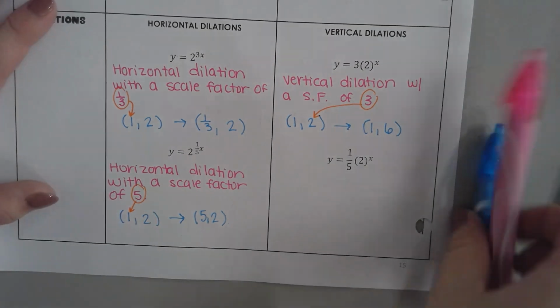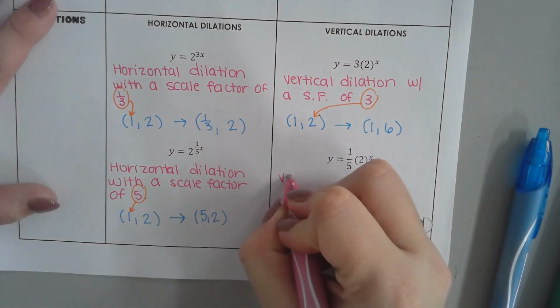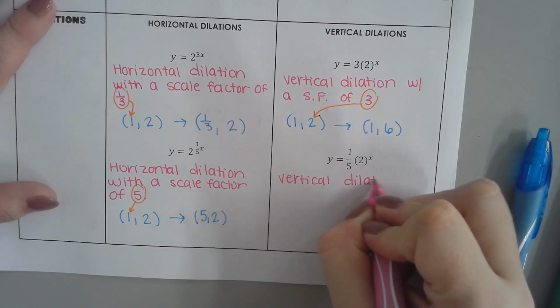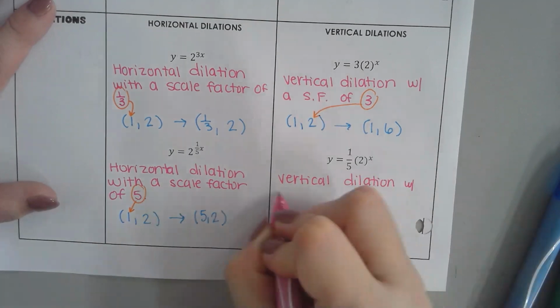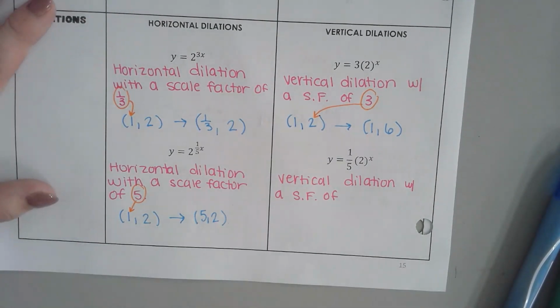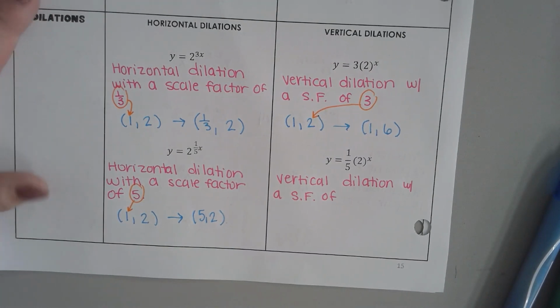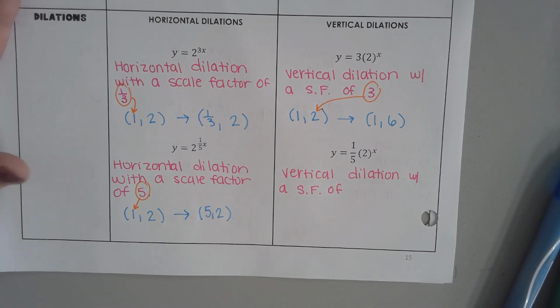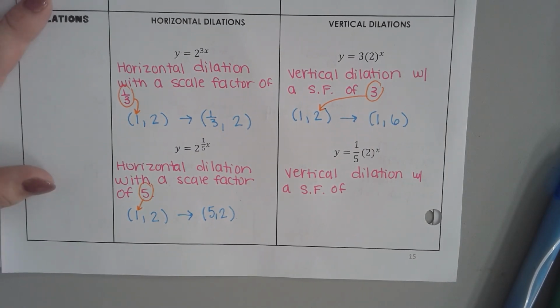And then the last one, vertical dilation with a scale factor of, what's my scale factor? 1/5.